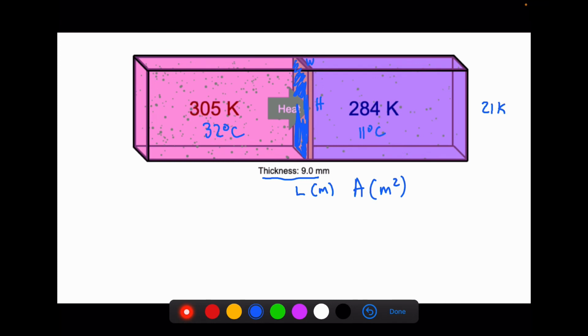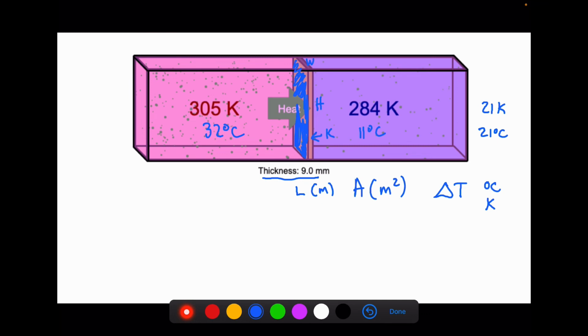If I do 32 Celsius minus 11, I will once again get 21. So either way, with delta T, you can be in Celsius or Kelvin, and you will get the exact same numeric answer. The final factor is the material, and that goes by the letter K.